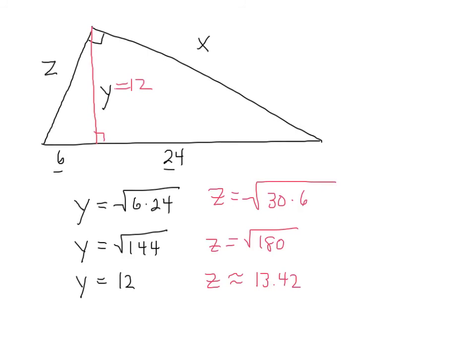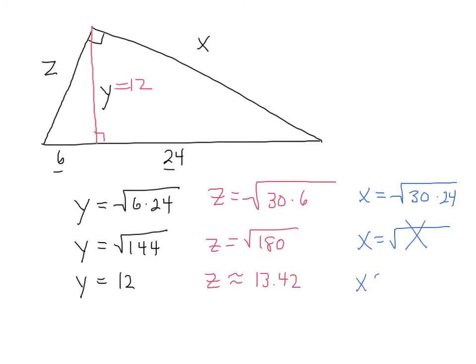Let's find y, or I'm sorry, we already found y. Let's find x the same way. X is equal to the square root of the product of the entire hypotenuse, we already found that to be 30, times the piece that's next to it, or adjacent to x. So if here's x, 24 is the piece that's adjacent to it, so it's going to be 30 times 24, or x equals the square root of 30 times 24, 720.